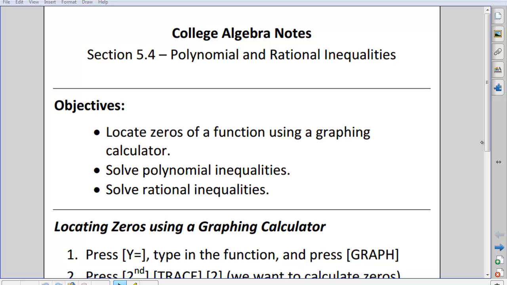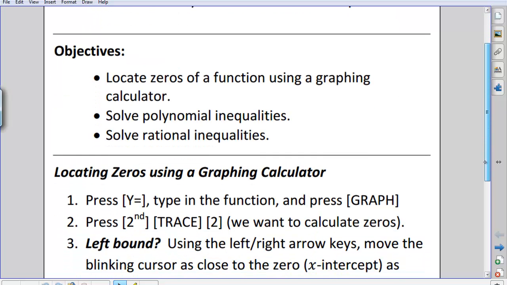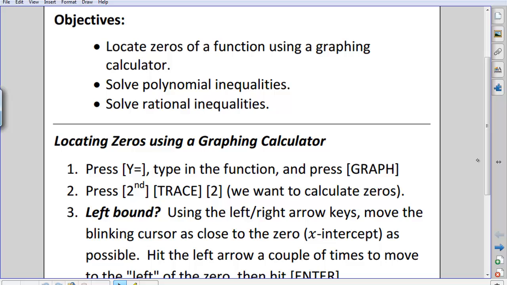We're going to treat them a little bit differently, and work them more or less using the calculator and looking at the graph of part of that inequality we're graphing. The first thing we're going to look at is how to locate the zeros of a function using a graphing calculator. Once we do that, we'll look at actually solving polynomial and rational inequalities and see what all is involved.